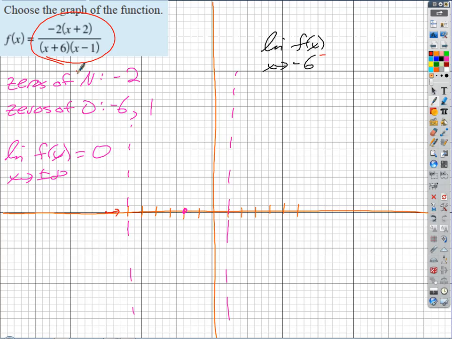So the -2 is constant. That's just plain old -2 always. What is the value of x plus 2? What does that factor approach as x approaches -6? -4.